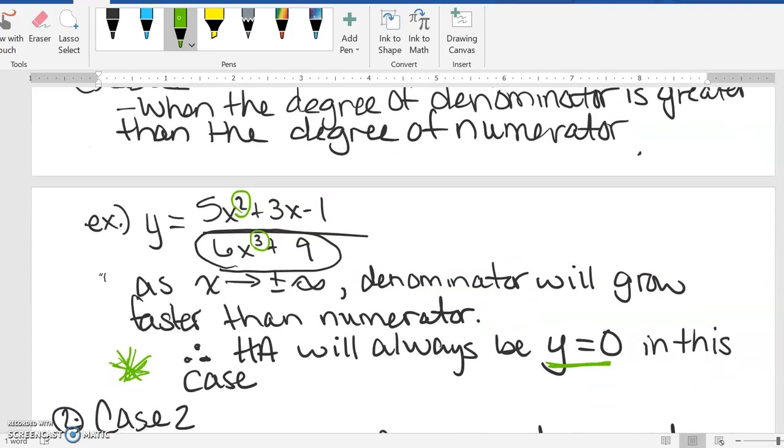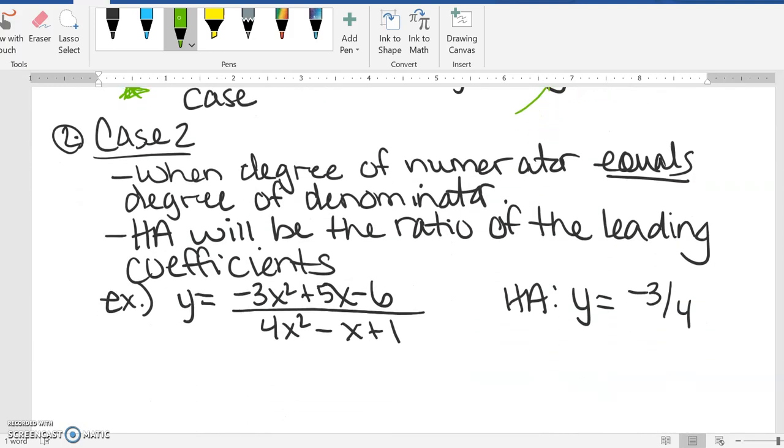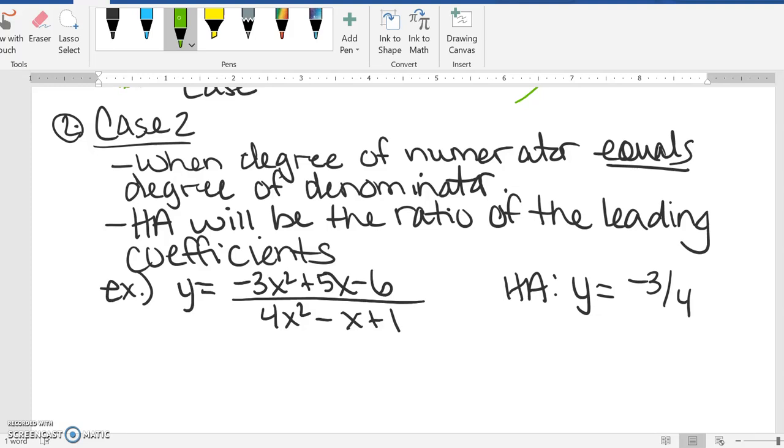So case 1 again was when the denominator had any degree higher than the numerator. That fraction will approach 0, so that's the equation of our horizontal asymptote. Case 2 is when the degree in the numerator equals the degree in the denominator. In that case, these terms grow at the same rate.